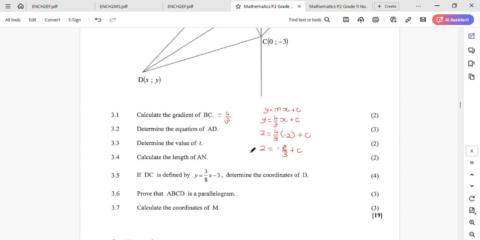Then we take 8 over 3 to that side, and you're going to get the value c equals 2 plus 8 over 3. Then our c is going to be equal to, okay, 3 times 2, it's 6. 6 plus 8, it's 14 over 3.